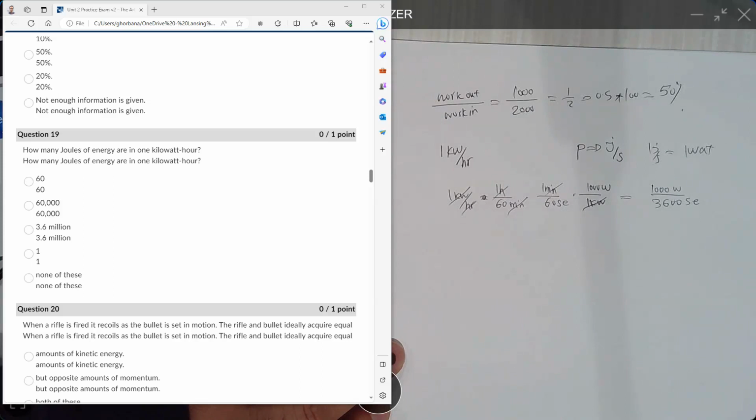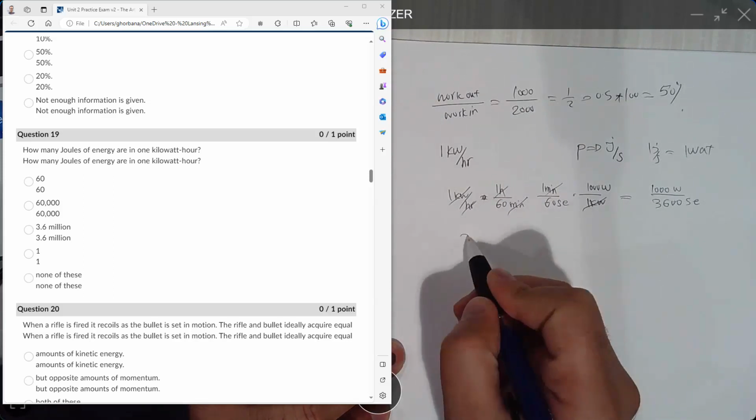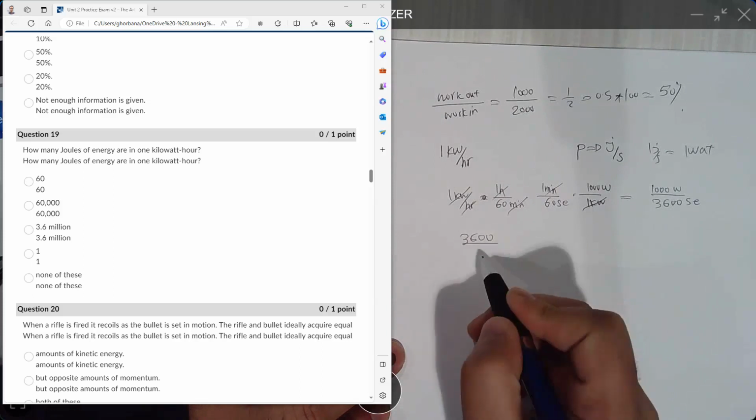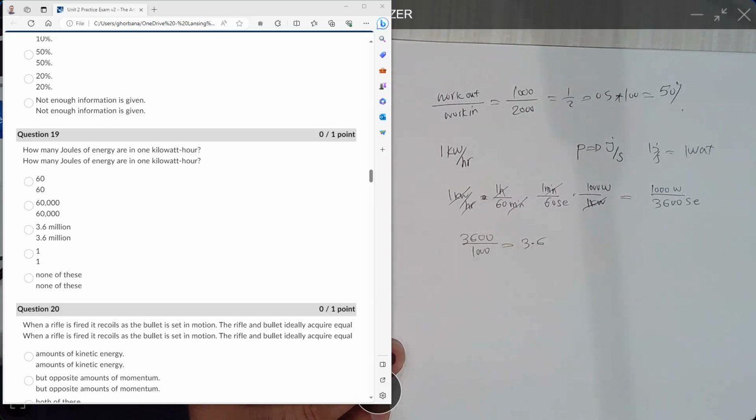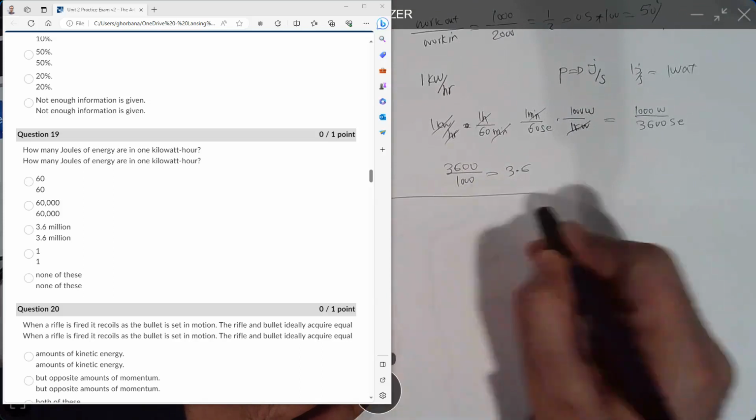If we flip this, 3600 to 1000 is going to be 3.6. Let me see how many joules of energy are in 1 kilowatt hour. Oh, okay, sorry, so my calculation was right.